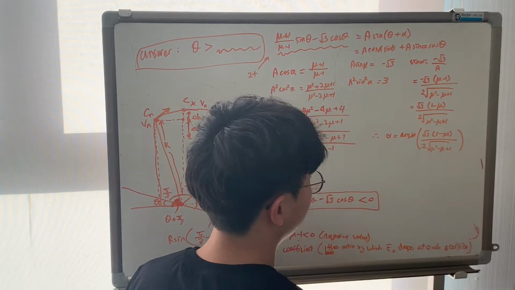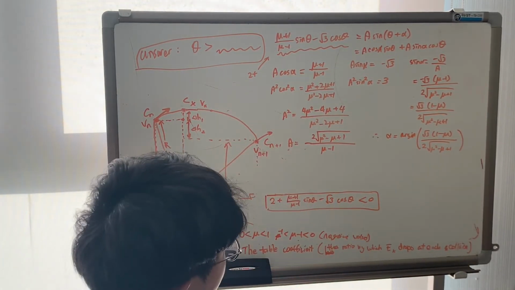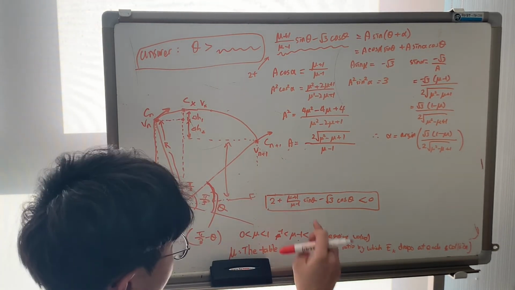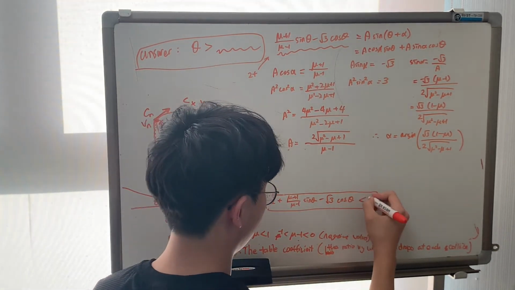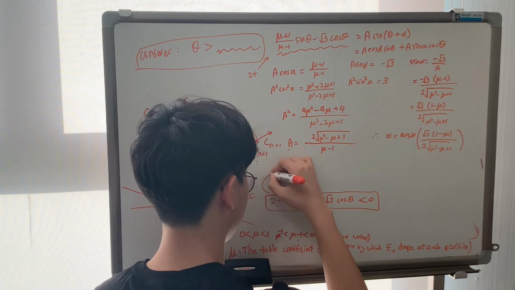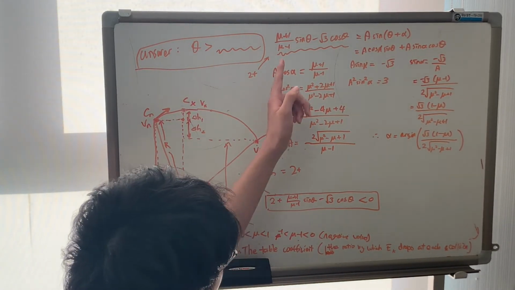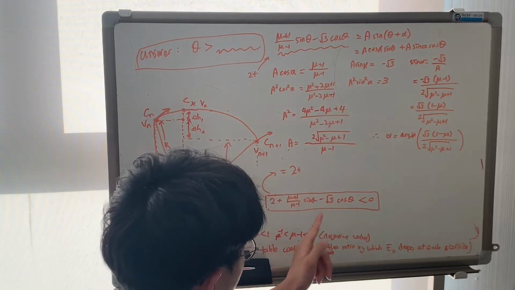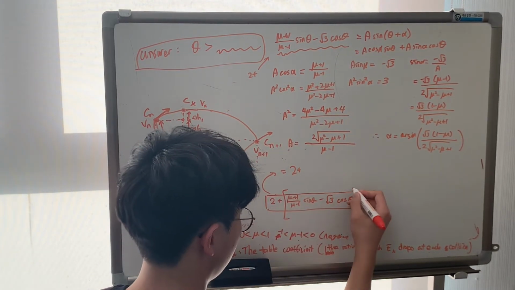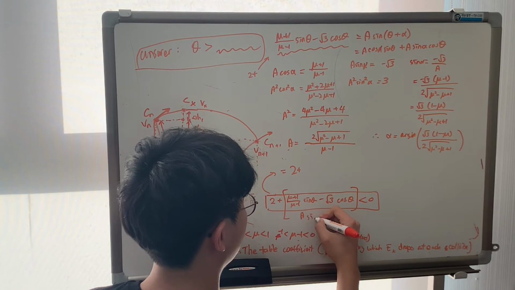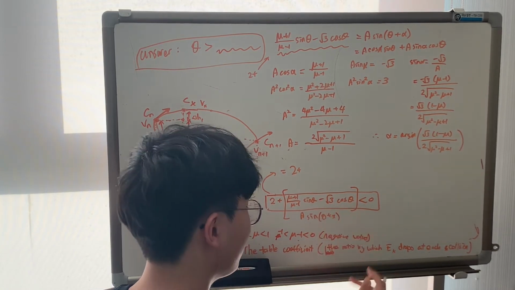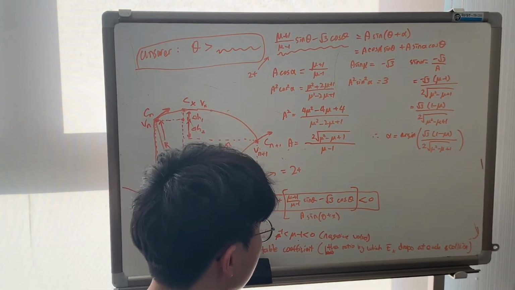That is our value for alpha. And we know a, and then we know alpha. And that means that we could write this equation in a new way. So that equation here would be equal to 2, same, plus, we said that is equal to a sine theta plus alpha. And we just figure out what a and alpha should be, which is that and that.